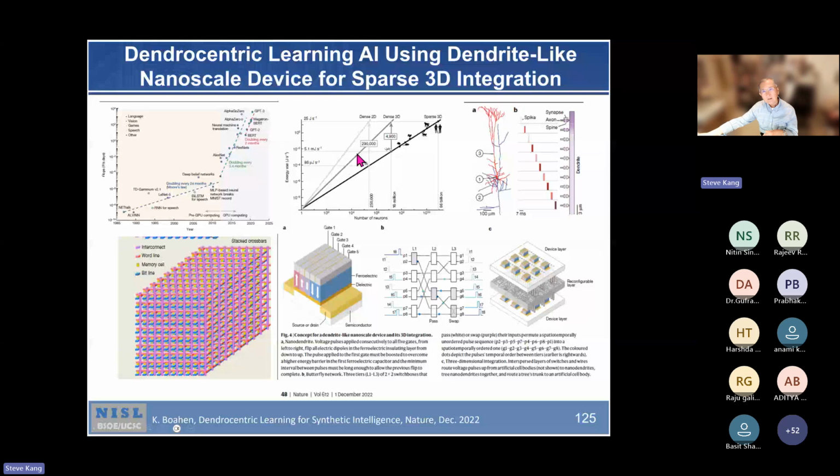And in order to do that, you need a sparse 3D array rather than a dense 3D array. For that, they are emphasizing dendrocentric learning AI, which is yet to come, but just for research interest, people are looking into dendrocentric learning AI.